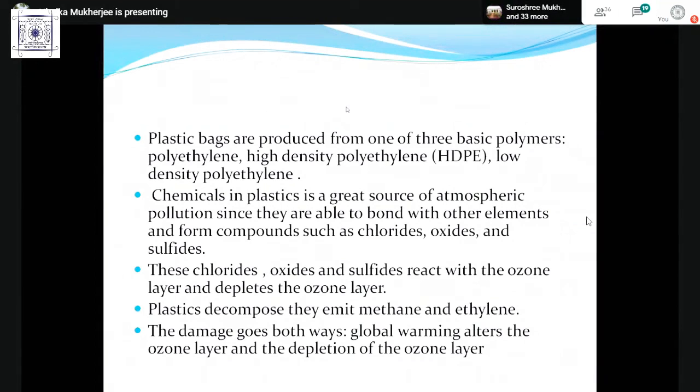And these compounds again deplete the ozone layer. So this damage goes both ways, that is global warming and depletion of the ozone layer.